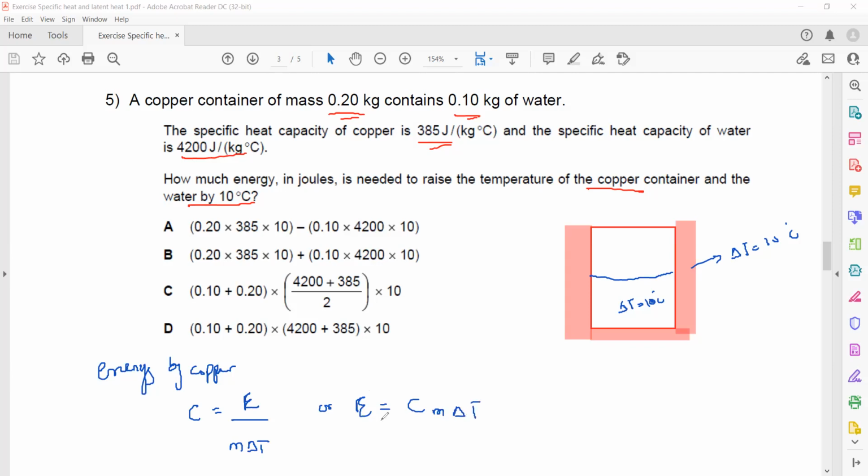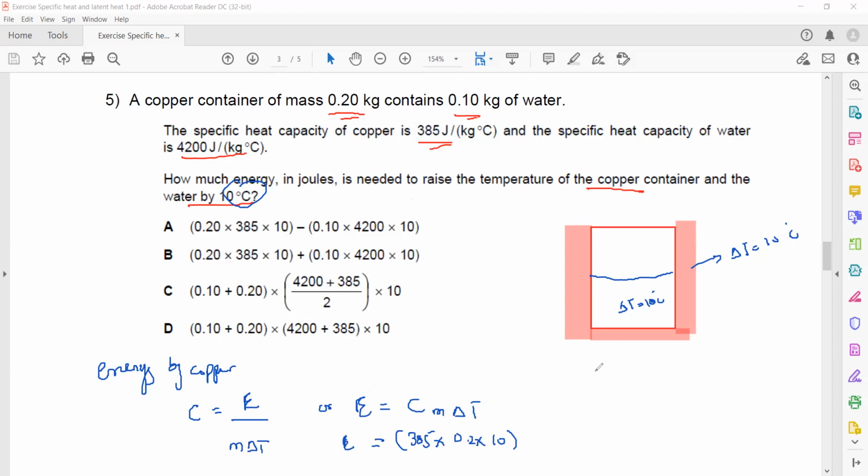Specific heat capacity of copper is 385, multiplied by mass of the copper, that is 0.2, multiplied by temperature change. How much temperature change do we want? 10, multiplied by 10. This is the energy absorbed by the copper.